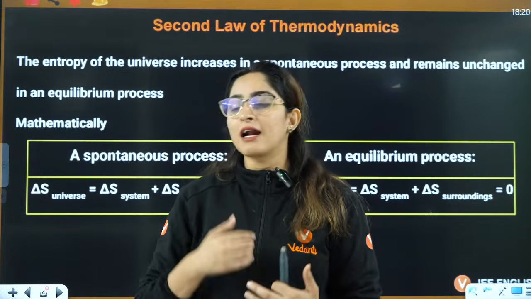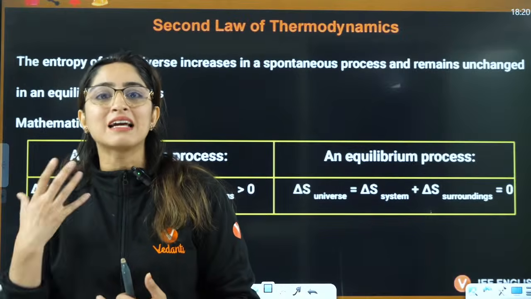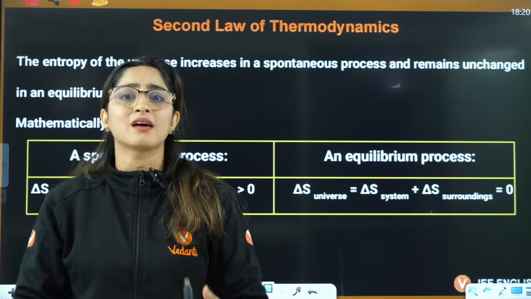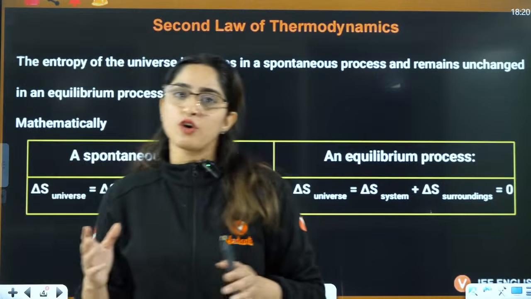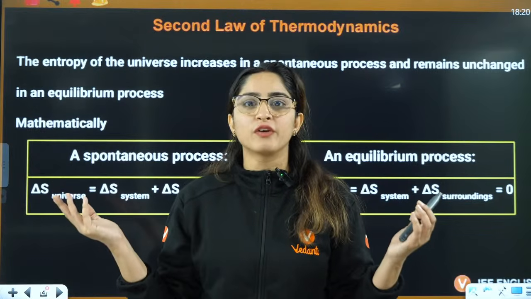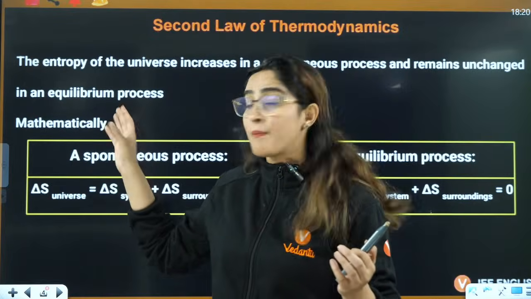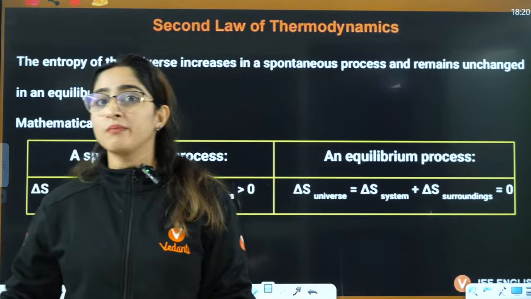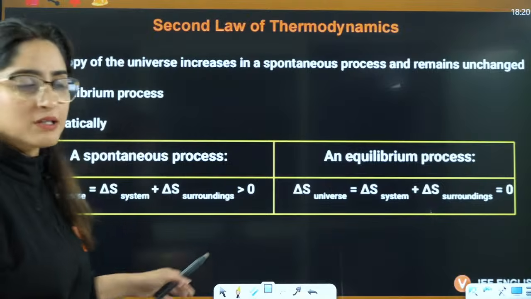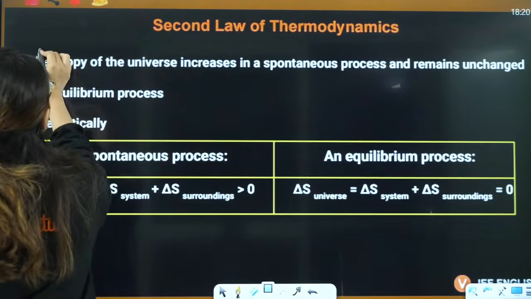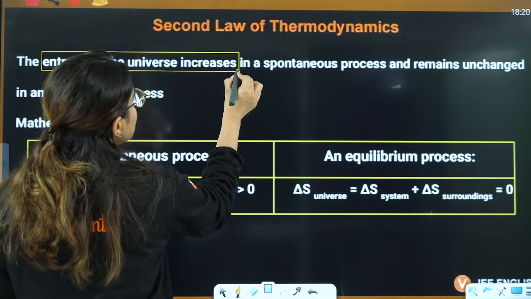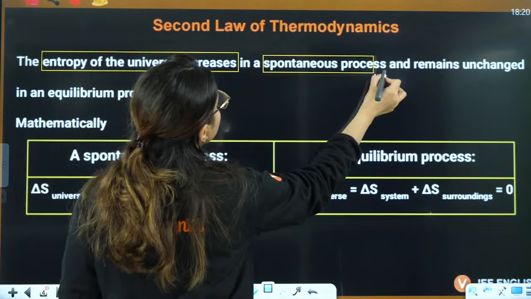Reactions are occurring, that means entropy is increasing here. The more reactions are occurring, the more entropy there will be. Big Bang theory is based on that, that entropy of the universe is increasing. So this might seem a very simple statement, but so many theories are based on it. It's actually a very important thing that the entropy of the universe increases in a spontaneous process.